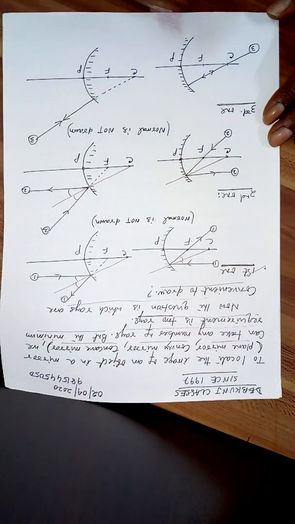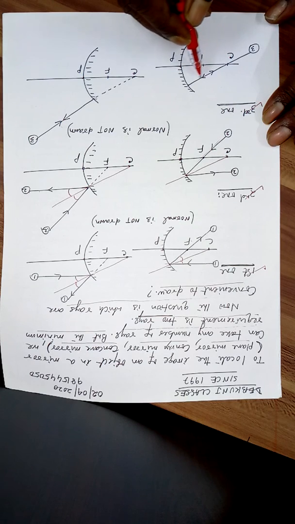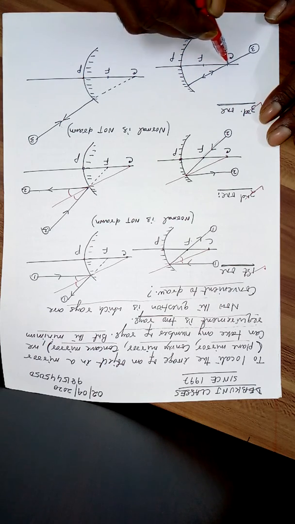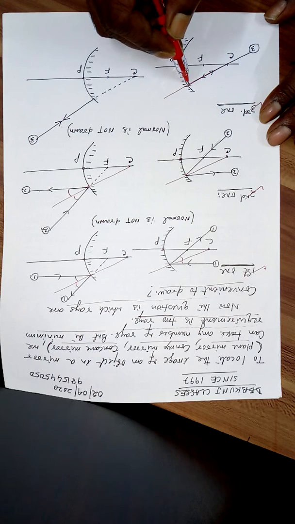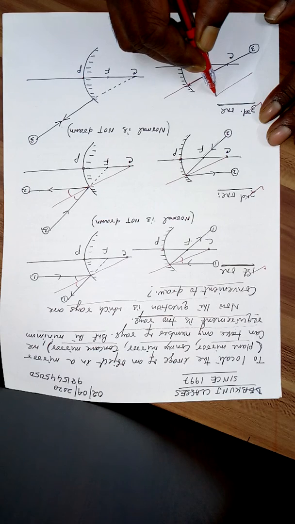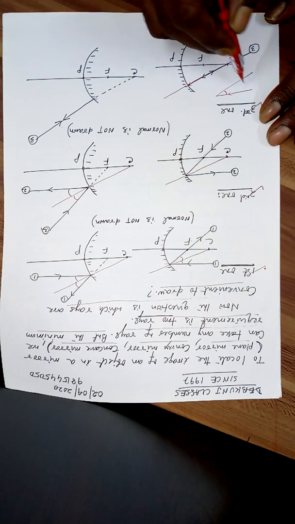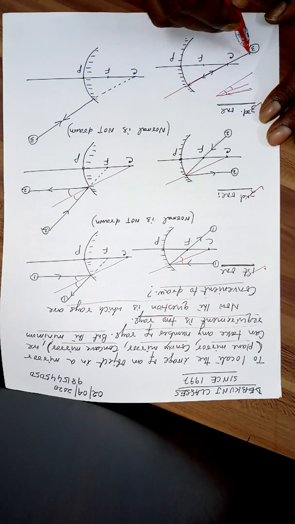Now the third convenient ray is a ray passing through C, which is reflected in the same direction, because this is the incident ray and this is also the normal. So the angle of incidence here is 0. Look, this is the normal. Suppose this is the incident ray, then this is the angle of incidence. If this is the incident ray, then this is the angle of incidence.